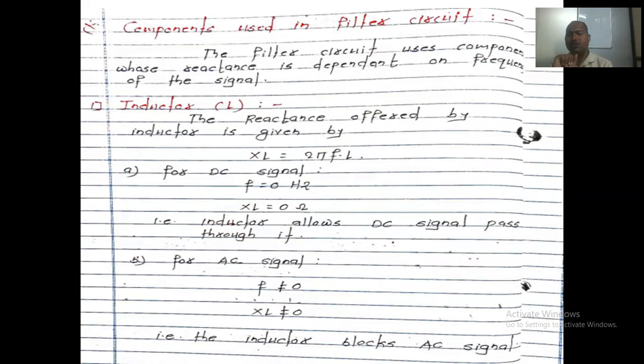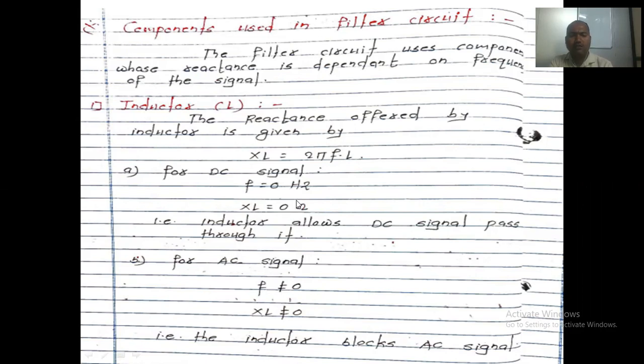For the DC signal, the frequency is 0, because it does not change with respect to time. So F is 0, and 2 pi L doesn't matter, since anything multiplied by 0 is 0. So the XL value must be 0.